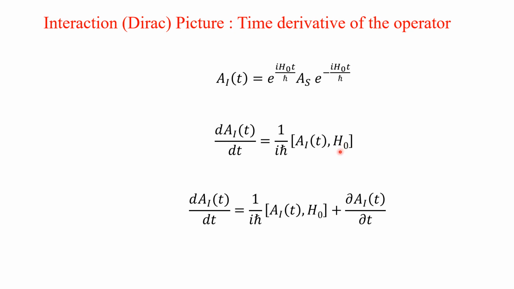Here instead of H you will get H naught, because in the exponent term you have H naught, not H. Other than that, it is similar to the Heisenberg equation of motion. Here A_I, this is the interaction picture operator, which depends on time. If A explicitly depends on time, then you will get this extra term as usual. I have explained the extra term in the case of the Heisenberg picture.